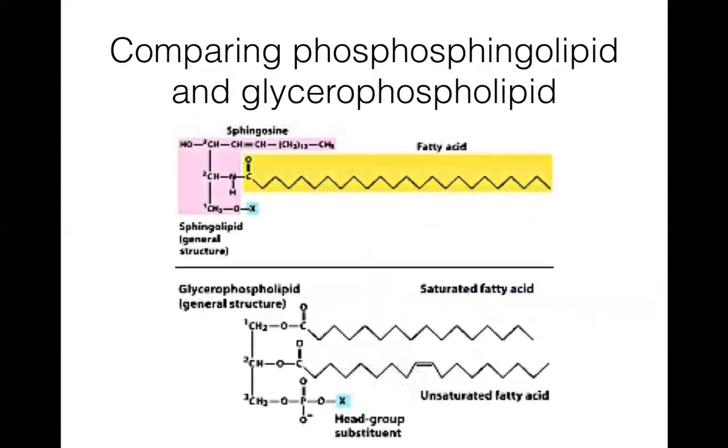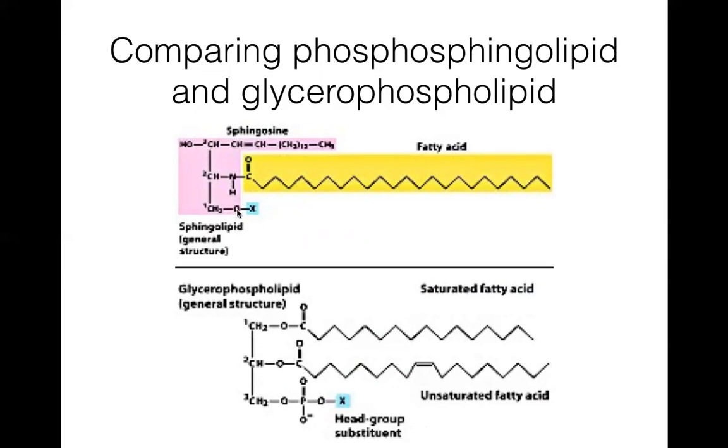Let's compare now the two phospholipids, phosphosphingolipid and glycerophospholipid. On the top panel, we have the phosphosphingolipid, whereas on the bottom panel, we have the glycerophospholipid. So what is their difference in terms of structure? Of course, a phosphosphingolipid contains sphingosine as a backbone, highlighted in violet, whereas a glycerophospholipid contains glycerol as its backbone. So it's much shorter, a 3-carbon alcohol.